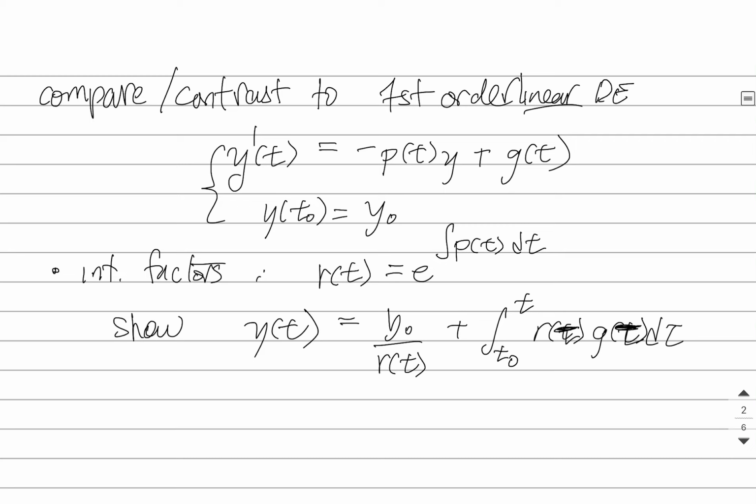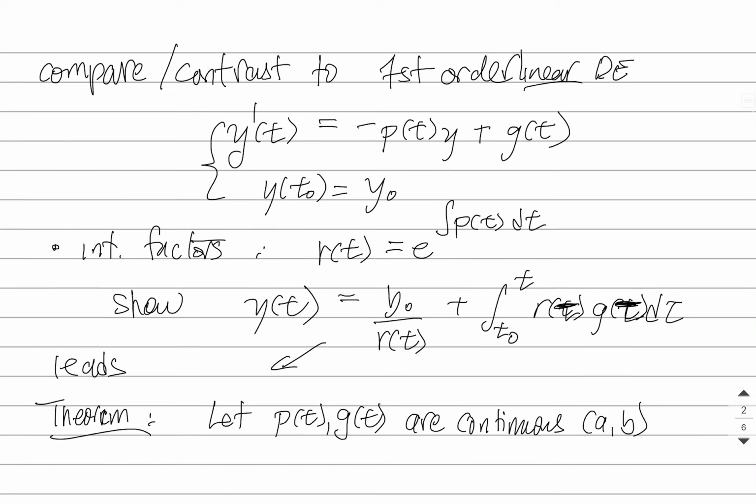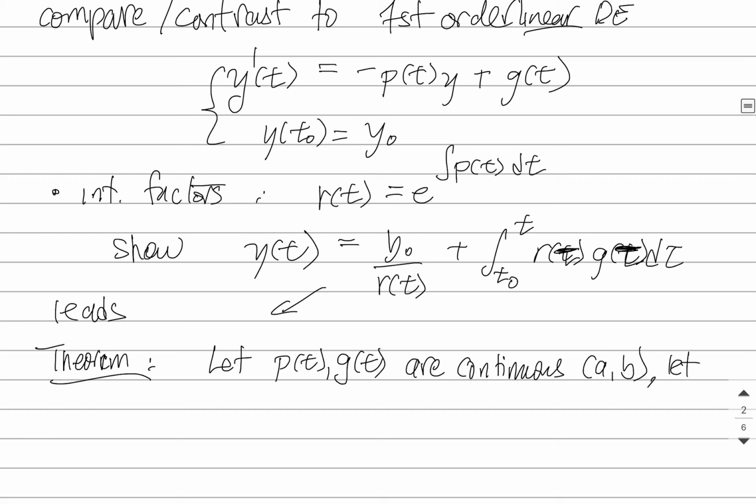Because we have this formula, we have all the information we need about the solution. And this leads us to a theorem, probably something we've taken for granted already. Let's say that this function p and this function g are continuous on some interval a and b, and let's take that initial value to be somewhere in that interval.